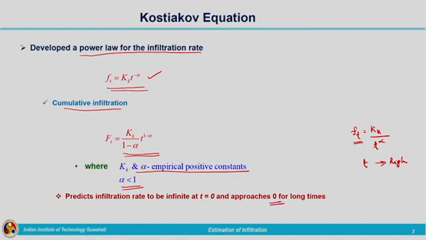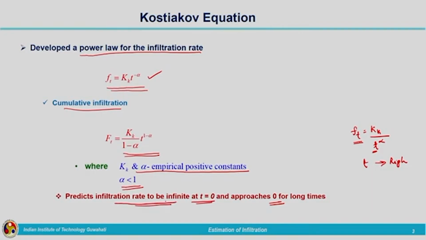For very large times, the infiltration rate will be 0. On the other hand, for very small time, when t is equal to 0, the denominator will be 0 and the infiltration rate will be infinite.